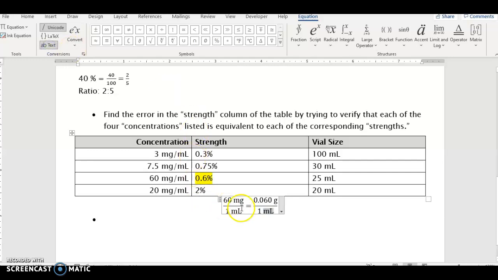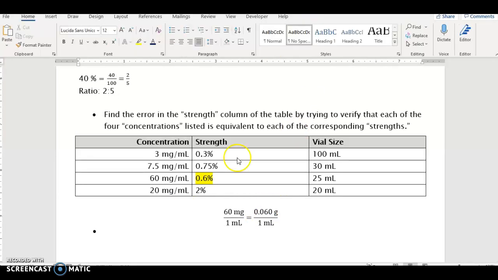This is obviously a solution with a dry solute, because the amount is given in milligrams. Converted into grams, that's 0.060 grams per 1 milliliter. So it's grams per milliliter. Once we have that, we multiply it by 100 so we can express it as a percentage.